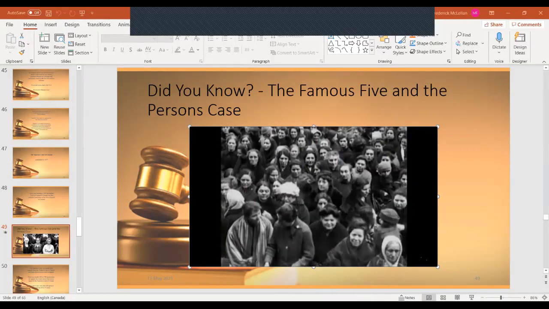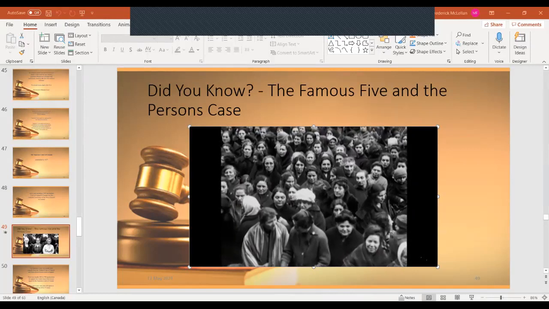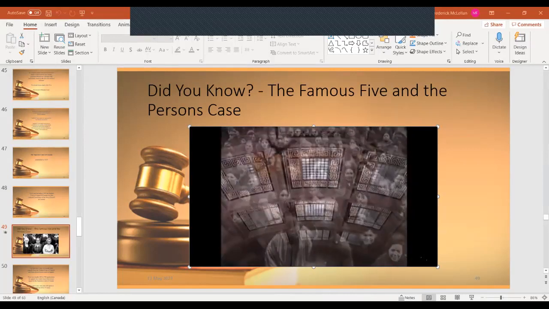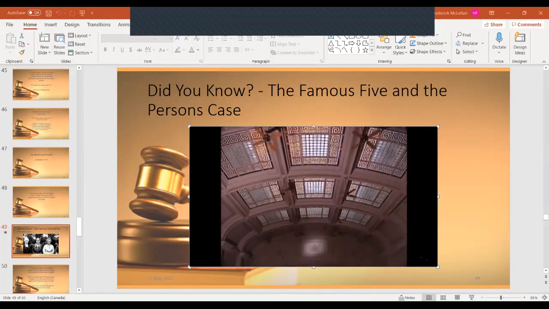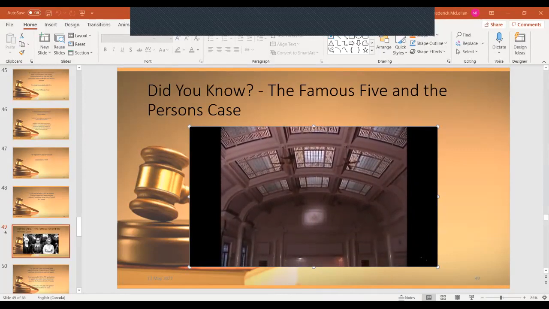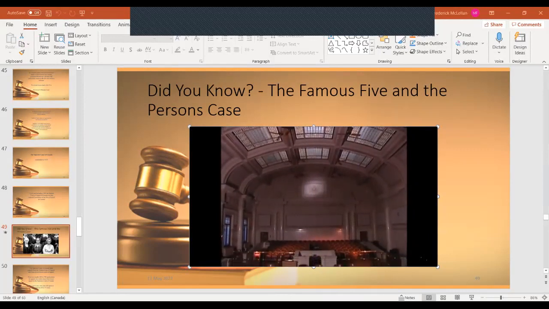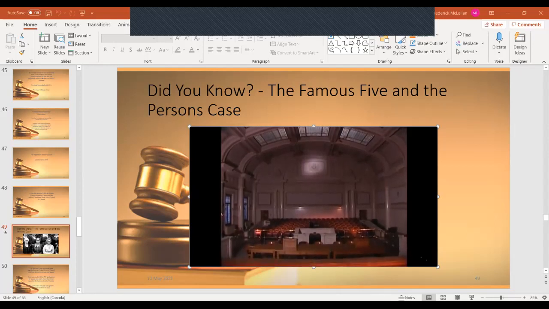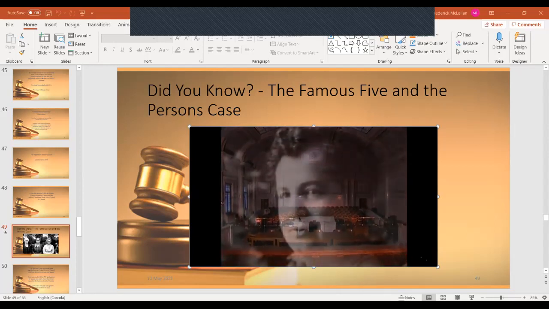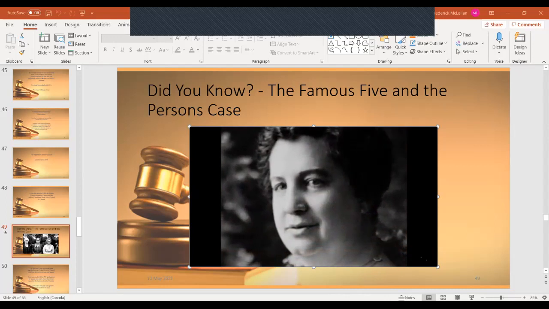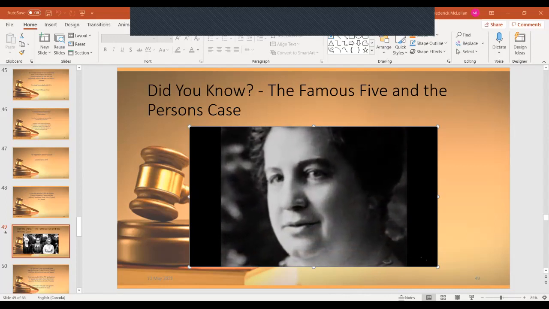She spearheaded campaigns for women's property rights. Her work often brought her before the courts, which was unusual for women at the time. In 1916, she was appointed as the first female magistrate in the British Empire. During this time, a lawyer continually challenged her rulings, claiming that she was not legally a person.